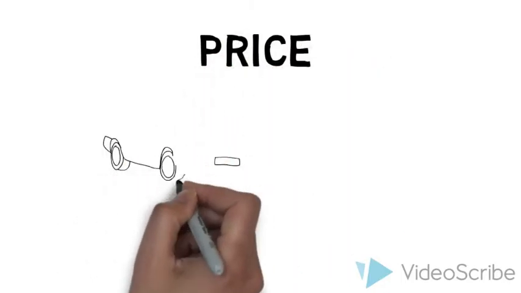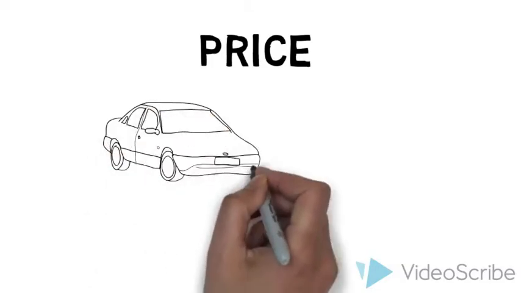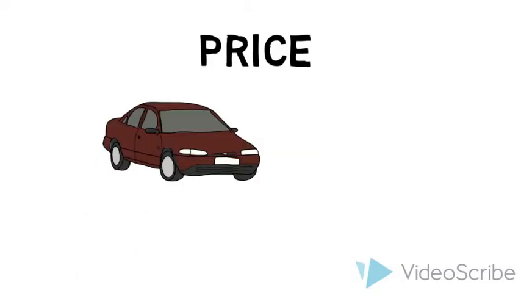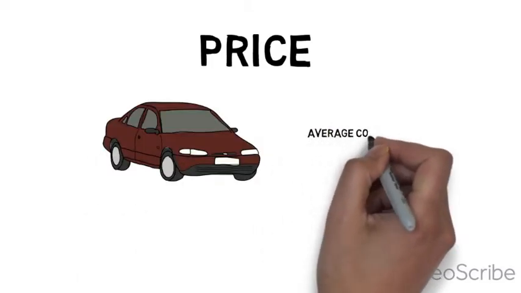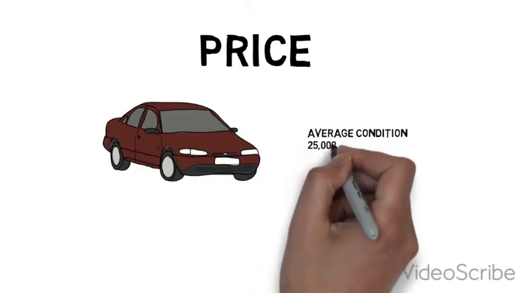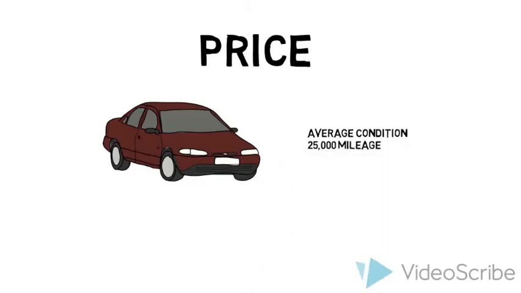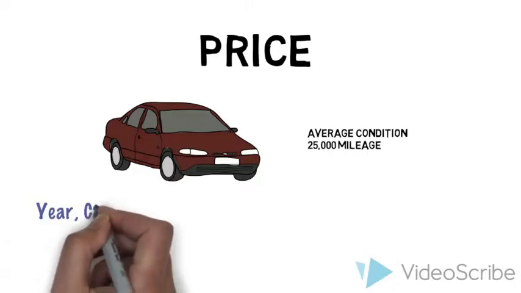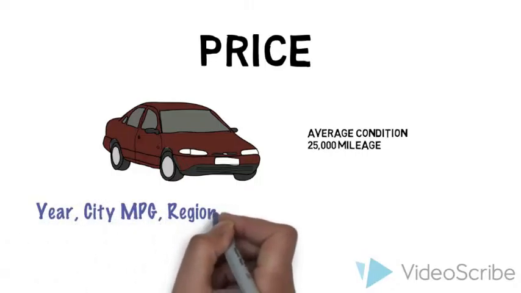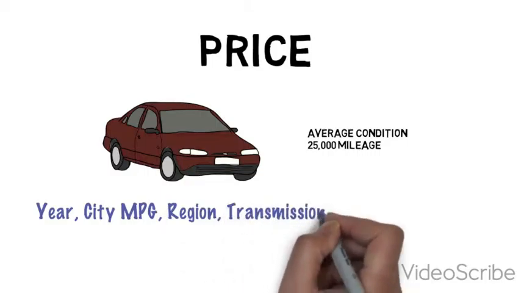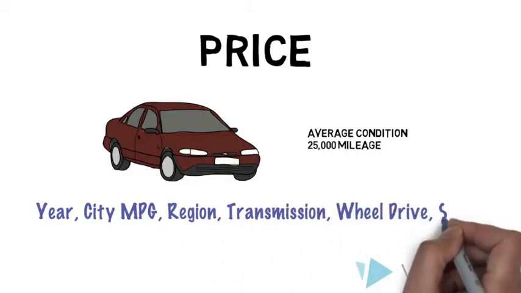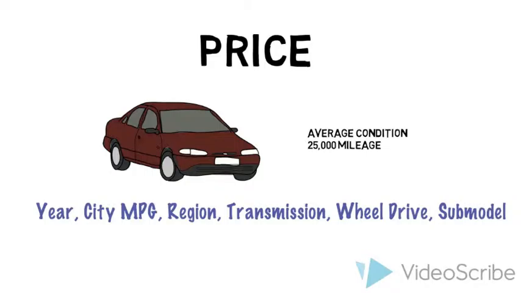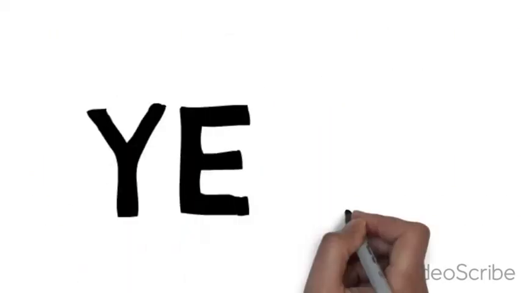So, next, let's look at what impacts the price of a car. When we talk about price, it refers to the selling price of a car in average condition with 25,000 mileage. After doing regression analysis, we found that year, city MPG, region, transmission, wheel drive, and submodel can explain about 70% of the variation of price.